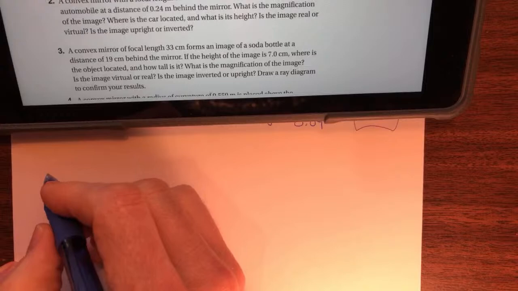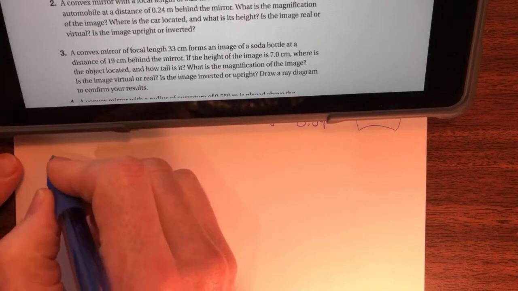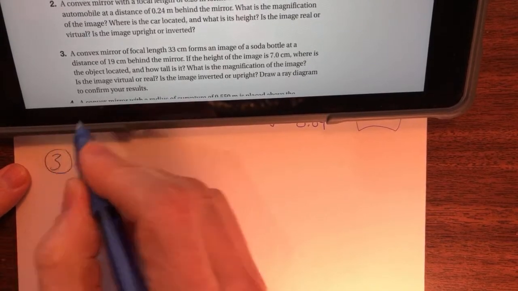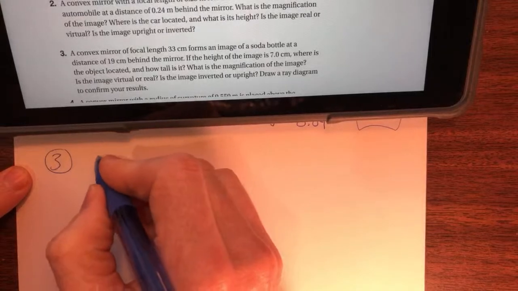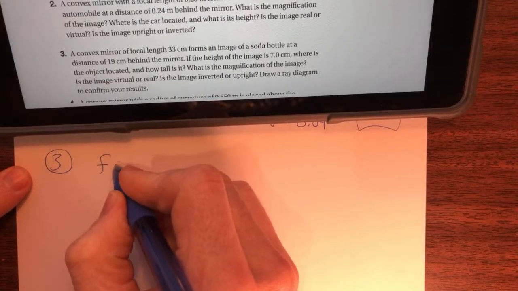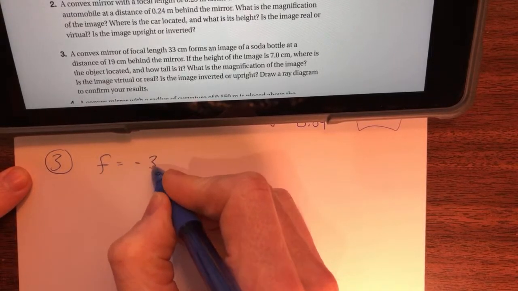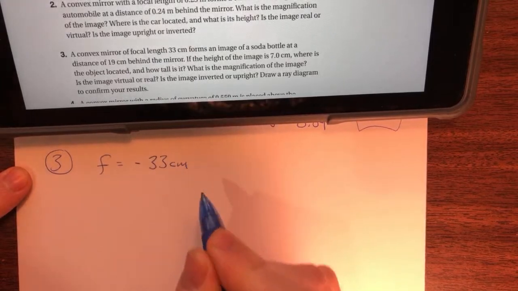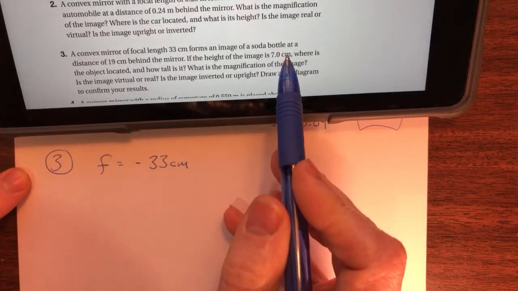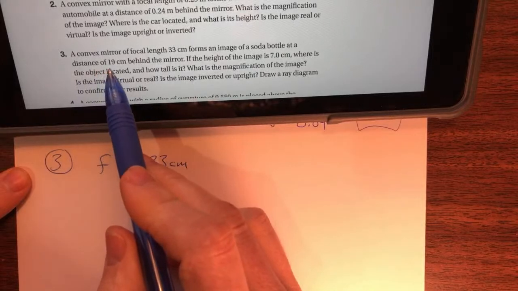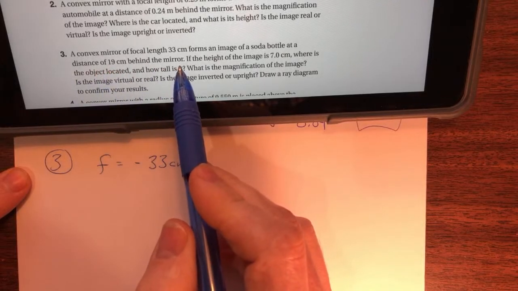So, number 3. Convex mirror, focal length. Once again, convex mirror means our focal length is negative 33 centimeters. It forms an image of a soda bottle at a distance of 19 centimeters behind the mirror.